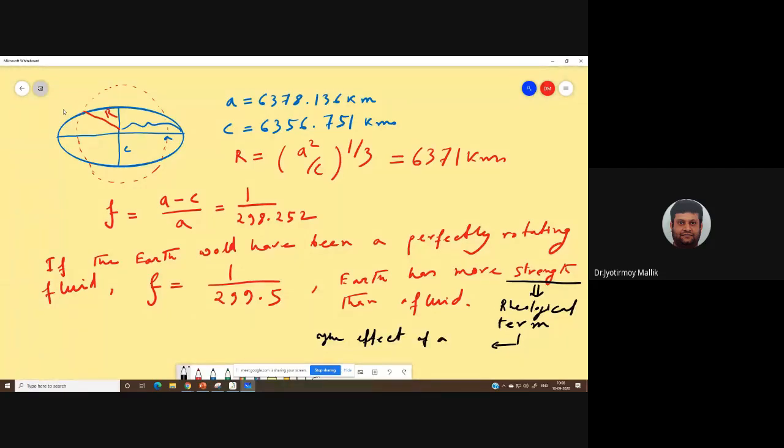Okay? Rheological term, and rheology means the effect of a material when it is subjected to stress. And stress is nothing but force per unit area. So strength is a rheological term, and this refers to the effect of a particular material when it is subject to stress.